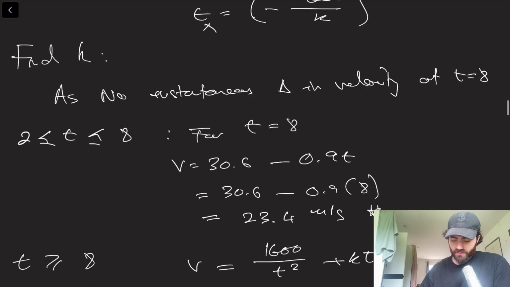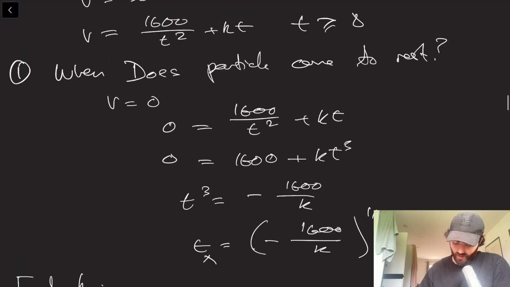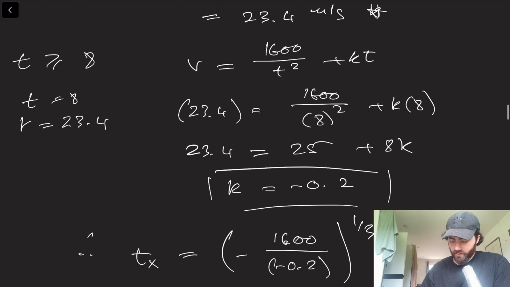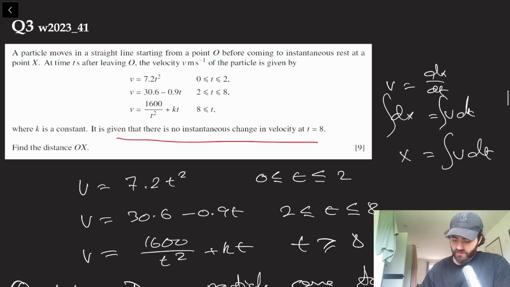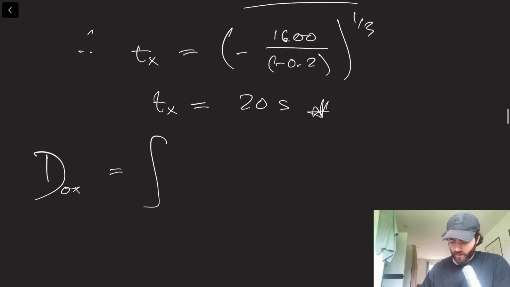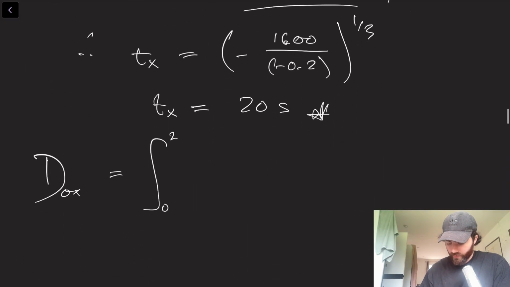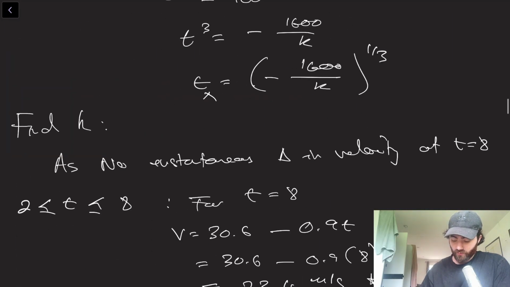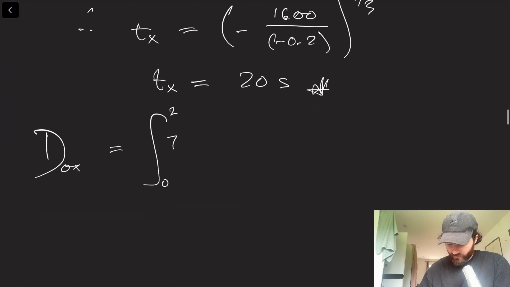So if we want the distance OX, the distance OX will be the integral between 0 and 2 of this first part, 7.2 t squared dt.